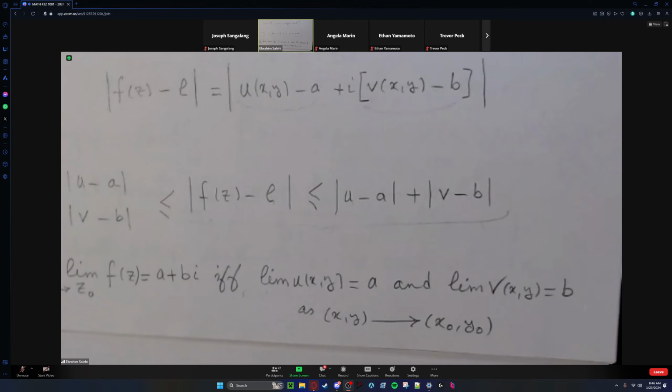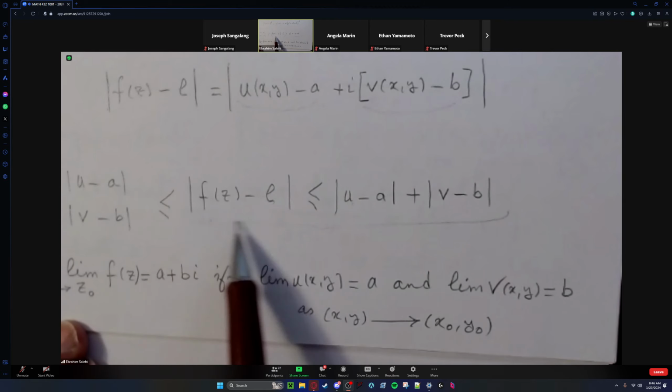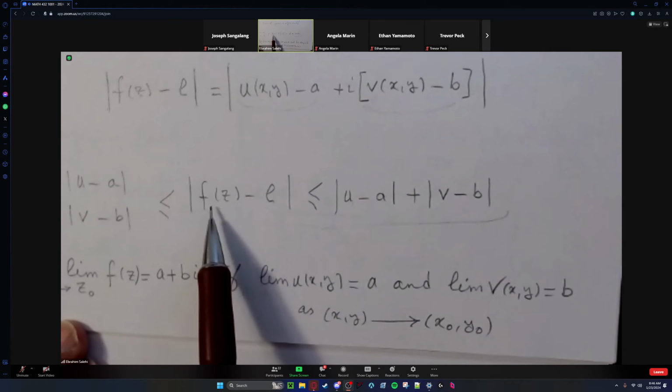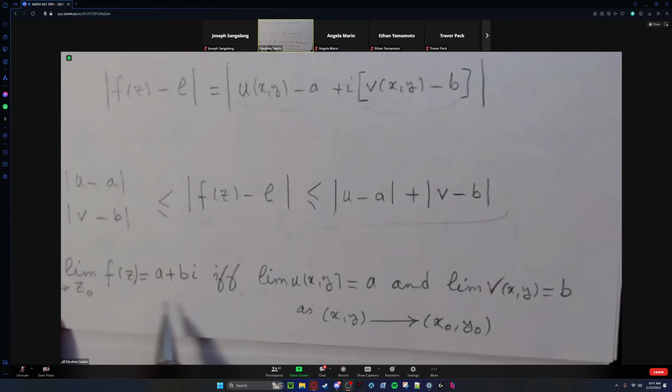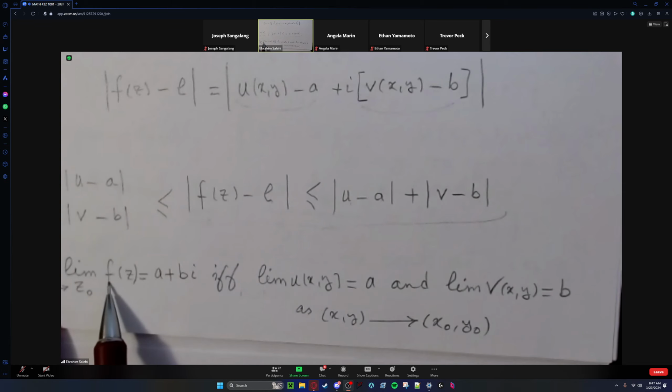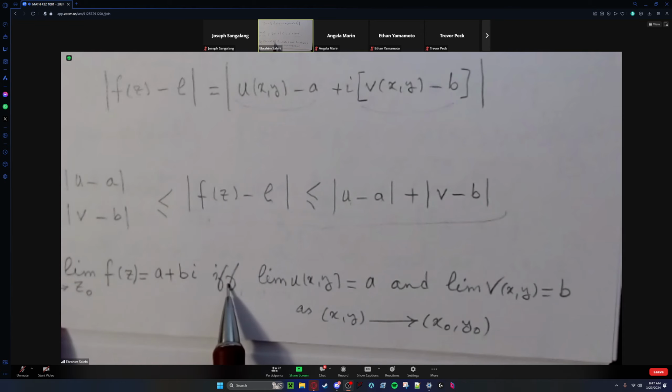By the squeezing theorem, the limit of this guy will be 0, which means the limit of f of z is L. Okay, putting all this together, we have this beautiful fact that the limit of a complex function is a plus bi if and only if the limit of its real part is a, and the limit of its imaginary part is b.